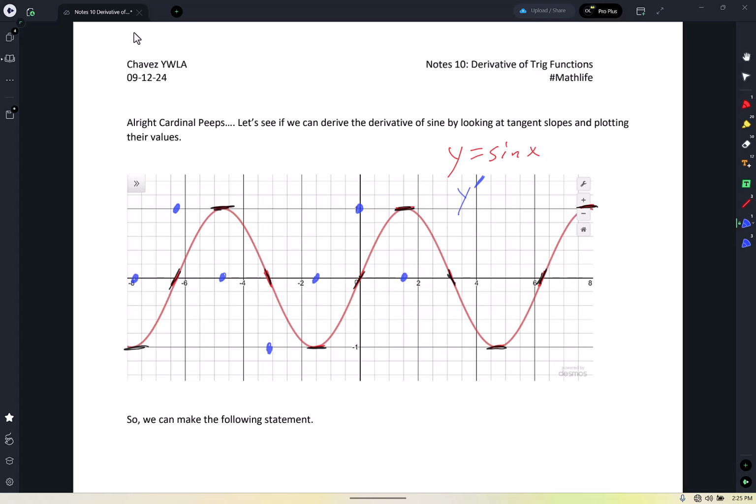And then that one's at pi over 2. And then this one's at, let's see, what's that, pi? So at pi plot, 3 pi over 2, and then 2 pi. Okay.